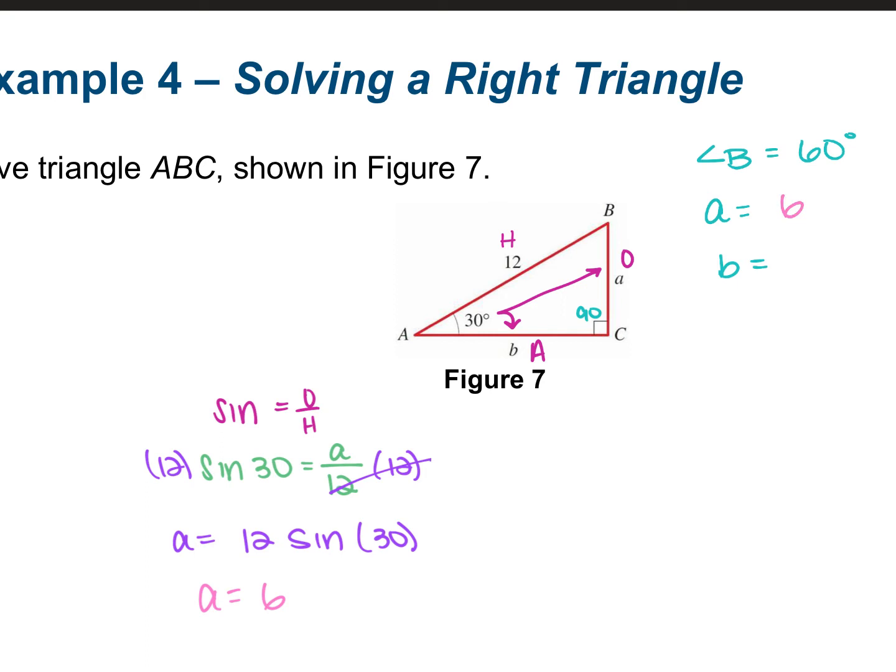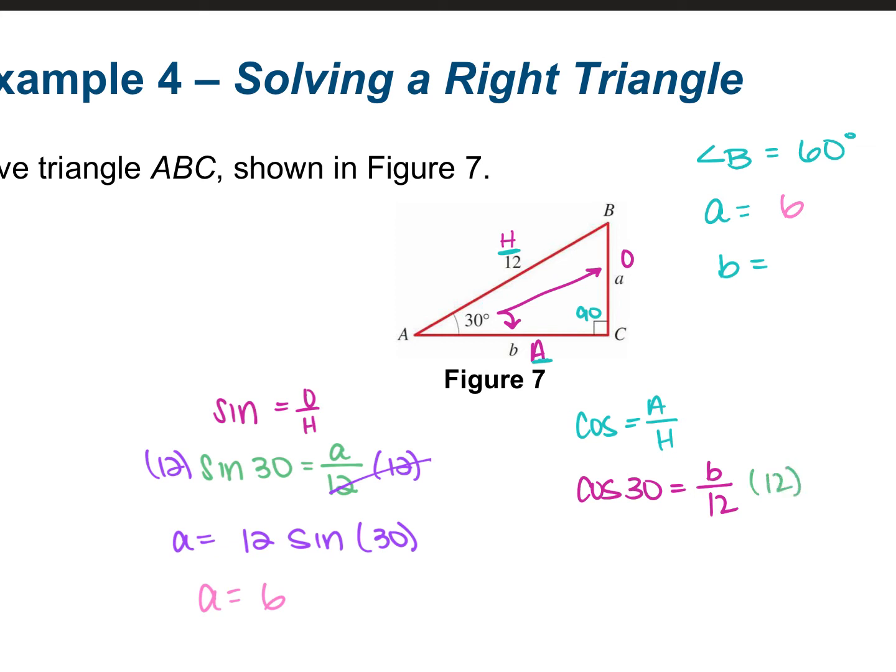To find B, the side length B, we are going to use the adjacent and the hypotenuse. Adjacent over hypotenuse is cosine. So we're going to take the cosine of our angle measurement, which is 30, put that equal to our adjacent, which is B, over our hypotenuse, which is 12.